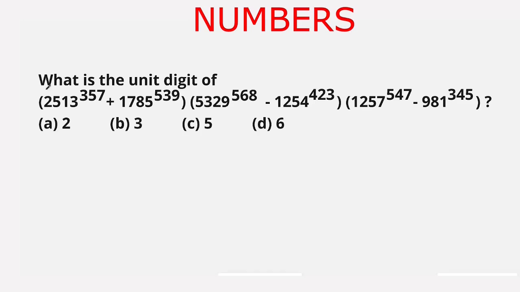Our question is, what is the unit digit of, in the first parenthesis, 2513 raised to power 357 plus 1785 raised to power 539 multiplied by, in the second parenthesis, 5329 raised to power 568 minus 1254 raised to power 423 multiplied by, in the third parenthesis, 1257 raised to power 547 minus 981 raised to power 345.